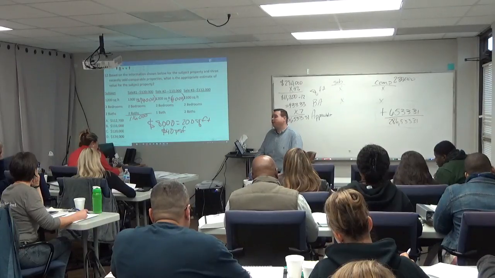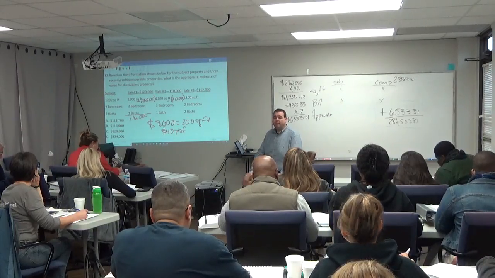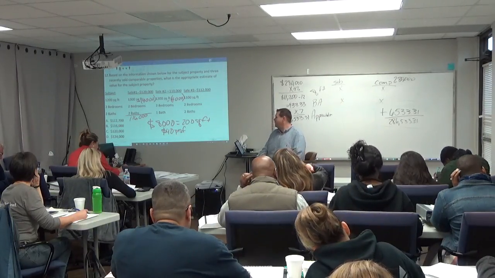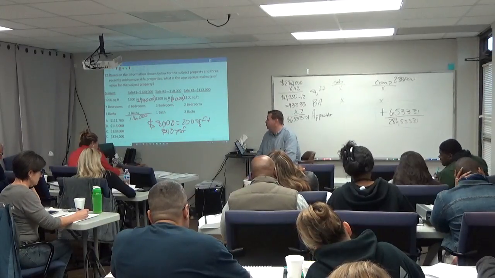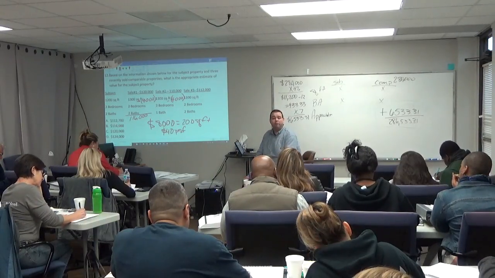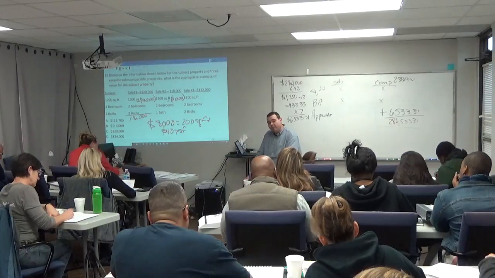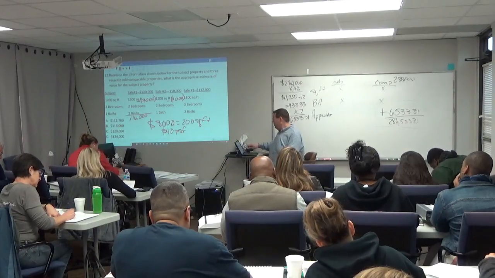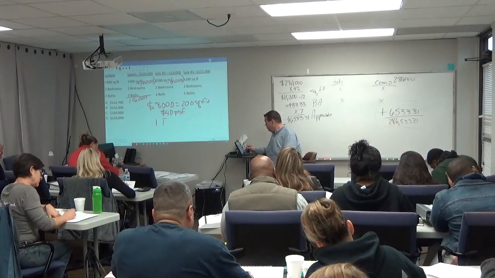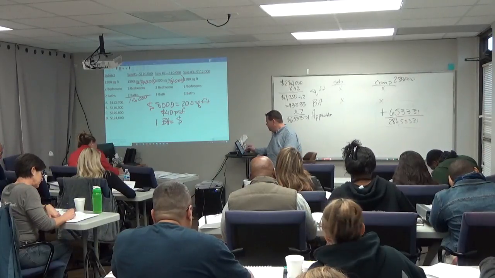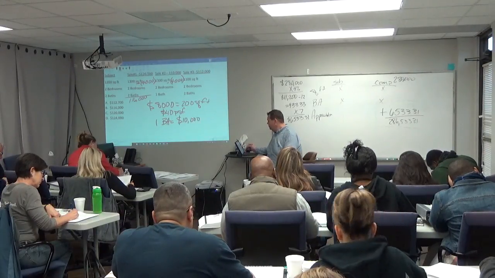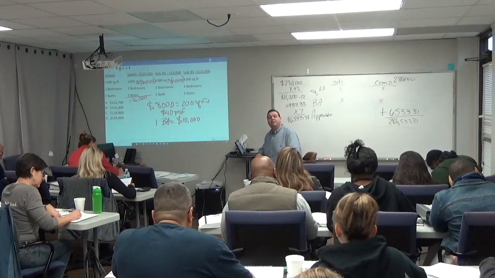And how much is that bathroom worth? $10,000, because they paid $10,000 more for comp 1 with 2 baths than they did for comp 2 with 1 bath. Does that make sense? So I'm going to write down here 1 bath equals $10,000. Now can I make that adjustment?